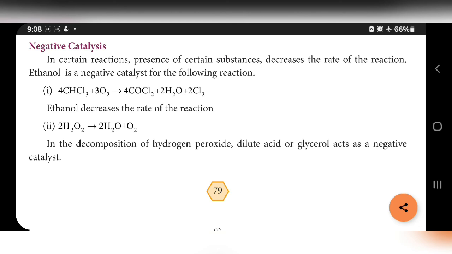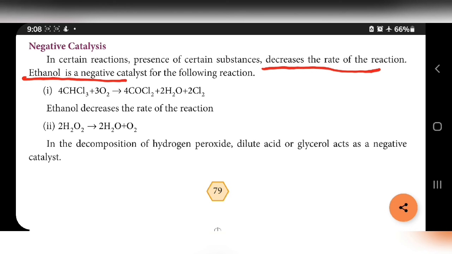See the example, ethanol is a negative catalyst for the following reaction. Chloroform CHCl3 is reacted with oxygen, and carbonyl chloride COCl2 with water and chlorine is obtained. In this reaction, ethanol is used as a negative catalyst because ethanol decreases the rate of this reaction.